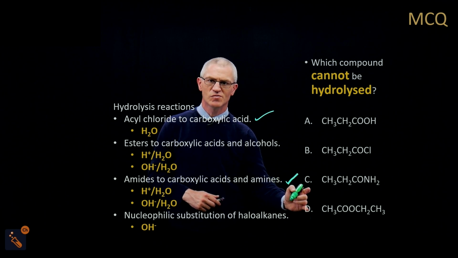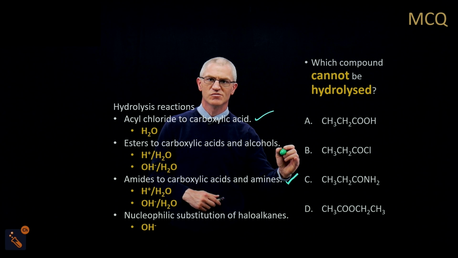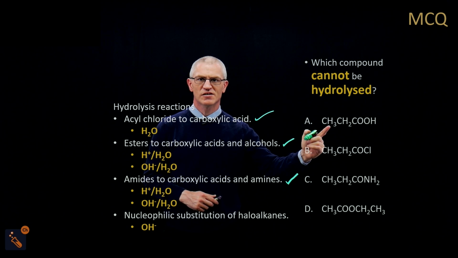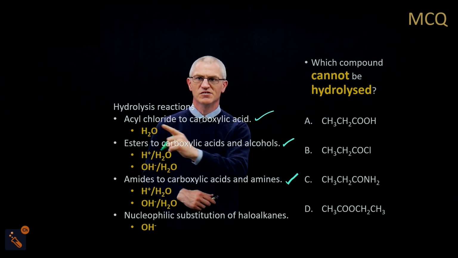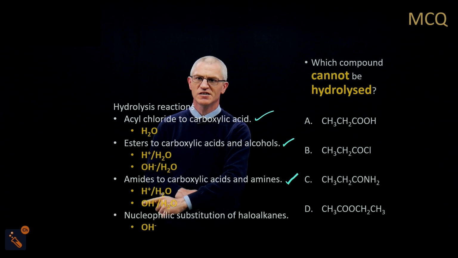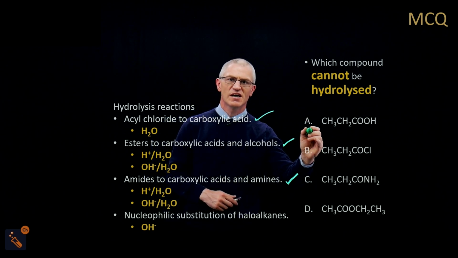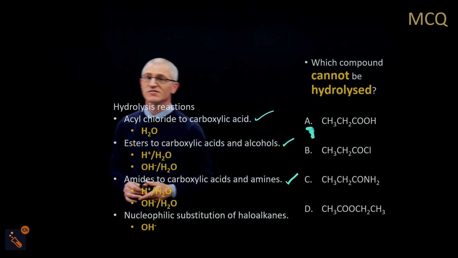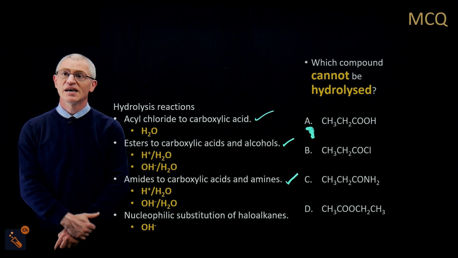And then we go to the bottom one, which is an ester, which is up here. So that is hydrolysis. I skipped the top one because of what it was. This is a carboxylic acid. You cannot see a carboxylic acid in this list, and therefore A cannot be hydrolyzed. And because it can't be hydrolyzed, the answer to this question is A.